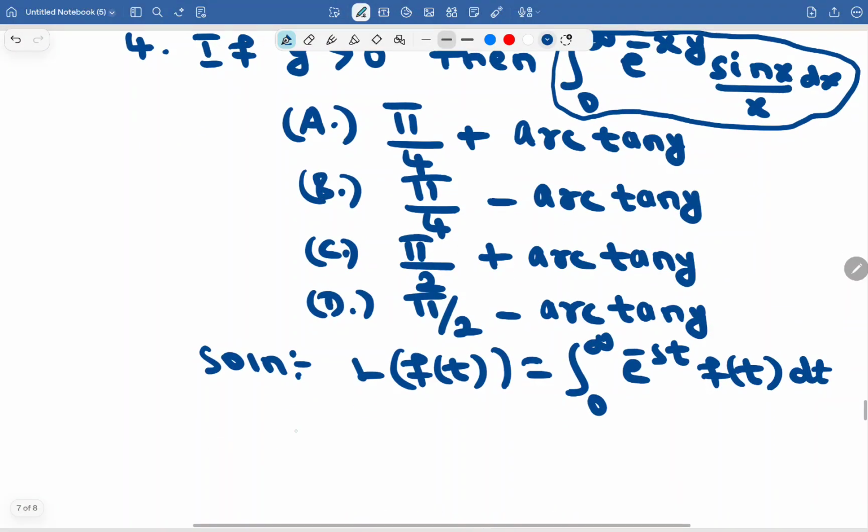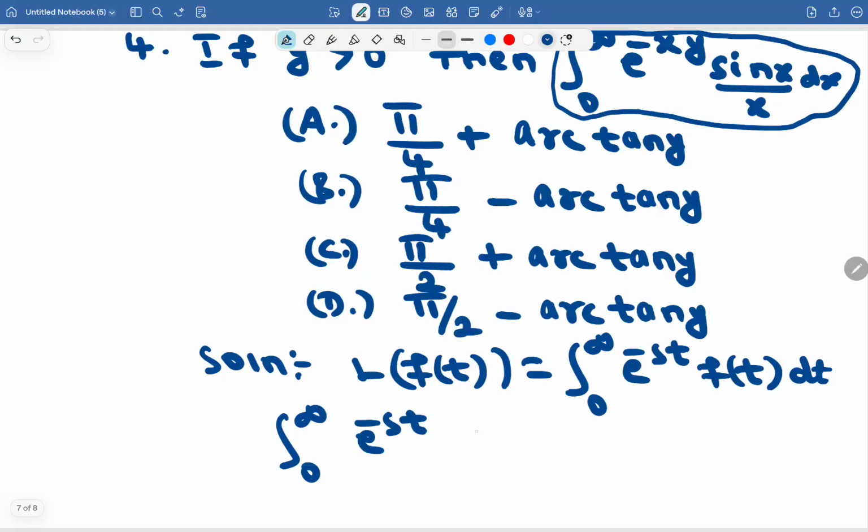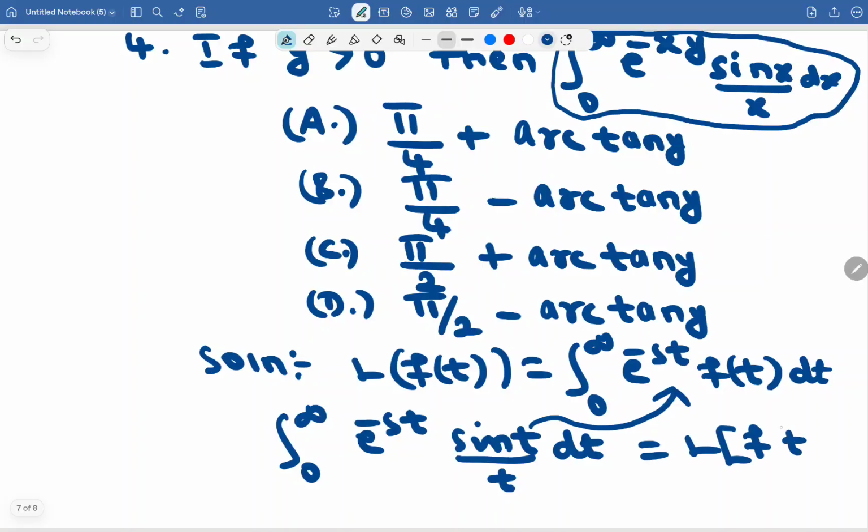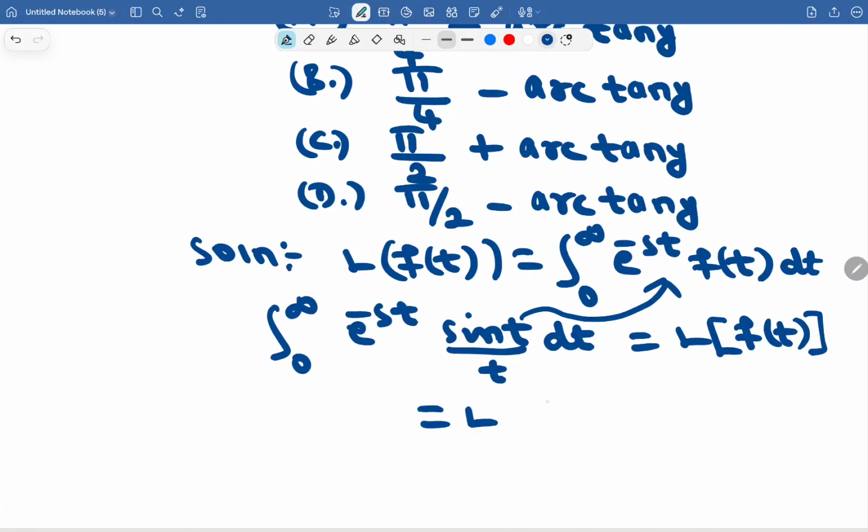I am going to rewrite the problem: 0 to infinity e power minus xy, e power minus st, sin x by x, sin t by t, dx dt. This is nothing but L of f(t). Here, what is L of f(t)? L of sin t by t.